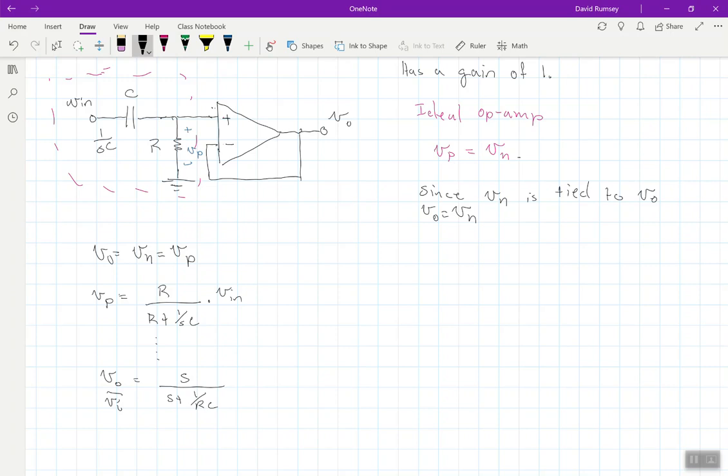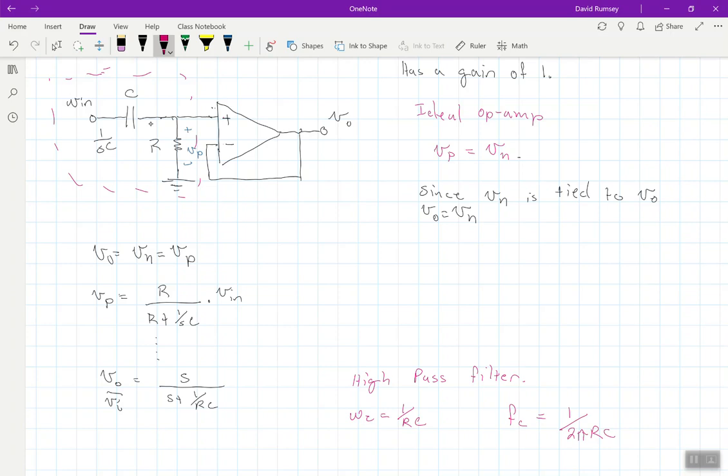If we remember our transfer functions from our passive filters, this was a transfer function for a high-pass filter. And the cutoff frequency here is going to be the exact same: 1 over RC if we have it in radians per second, or if you want it in frequency in hertz, it would be 1 over 2 pi RC.